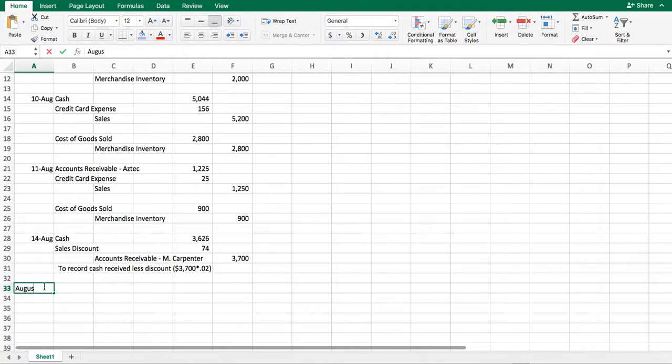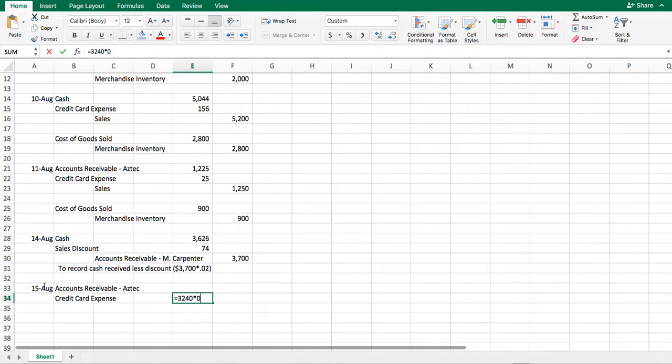Next transaction was on August 15th, and on August 15th, we sold $3,240 of merchandise that had a cost of $1,758 to customers who used their Aztec card. So again, because it's not an immediate transfer of funds, we do accounts receivable Aztec. Let me take the credit card expense first.